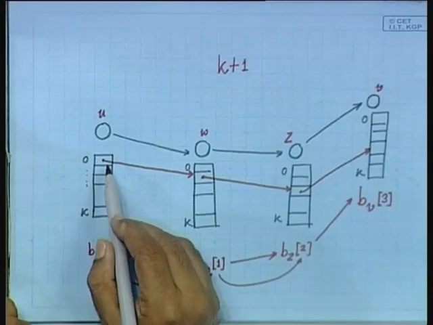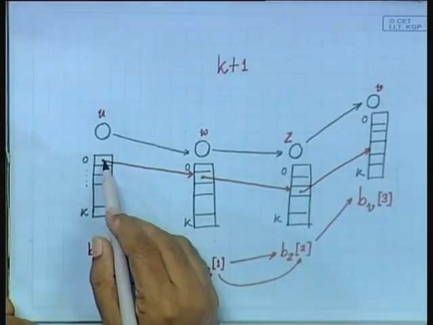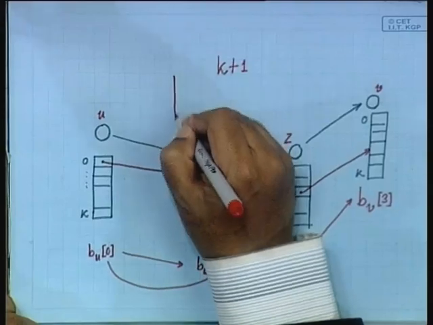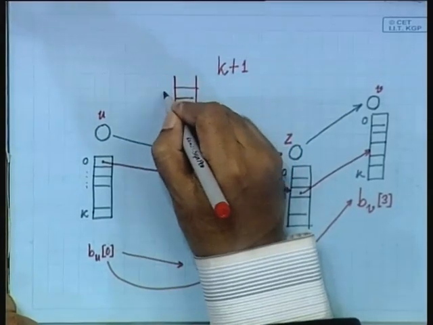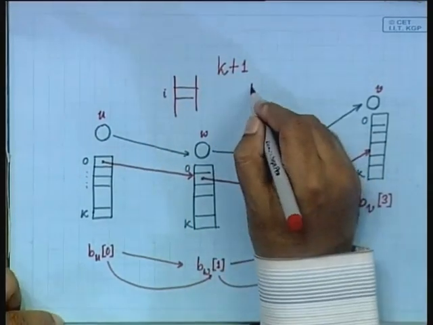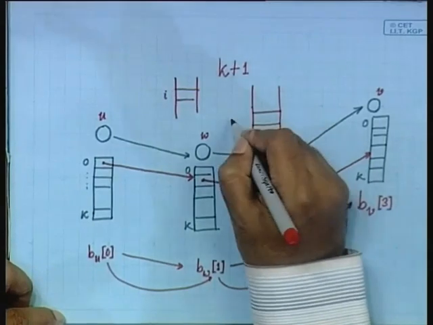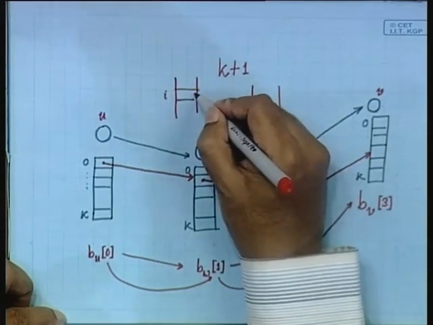Now, you can have a packet which is sitting in buffer i in some node, and in the next hop it expects to go to buffer i plus 1 in the next node.